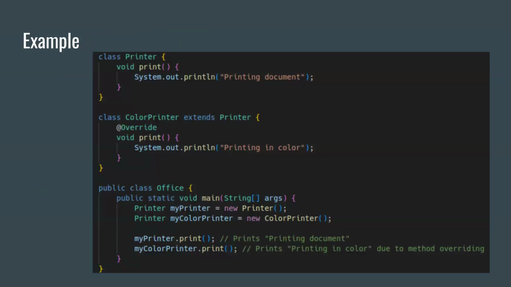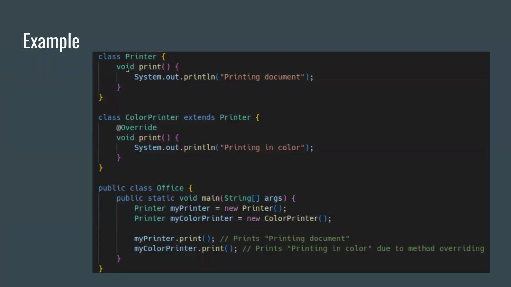Example. Here is another example. This is a Java program that uses polymorphism. Let's look at this code. We have a printer class, and the printer class has a method called print.